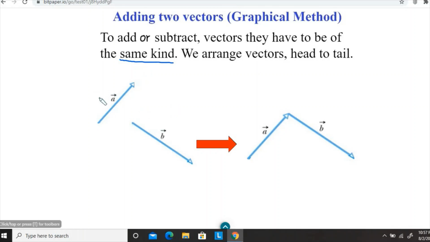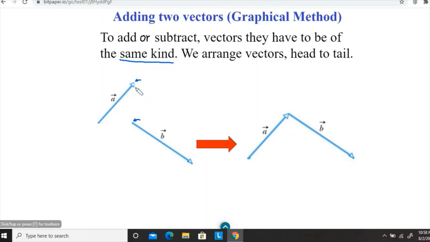Now suppose vector A and vector B are of the same kind. What is the process of adding these two vectors? We arrange vector A such that its head, that is this point, connects with the tail of vector B. That's where, as I told you earlier, sliding of the vector comes into the picture.